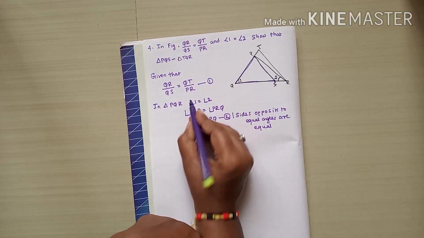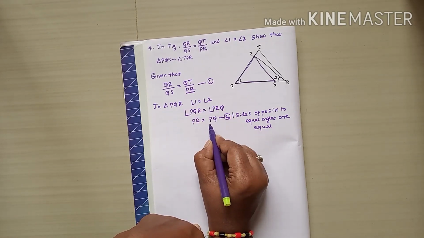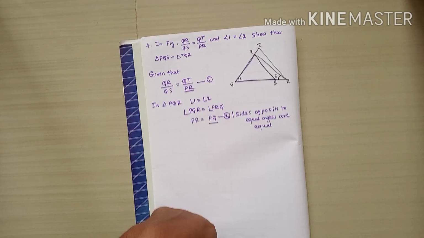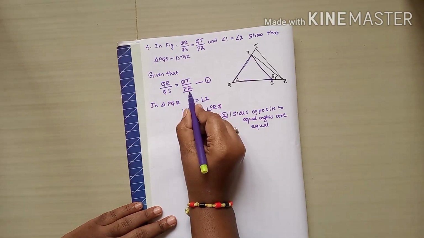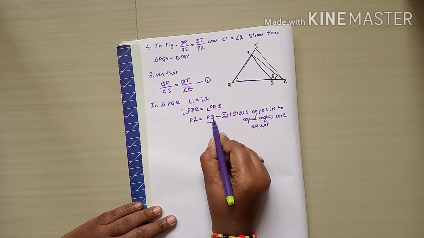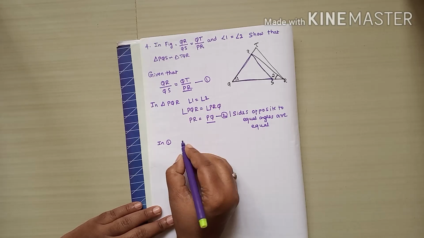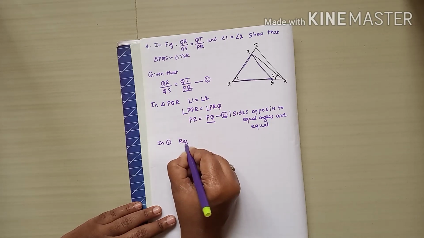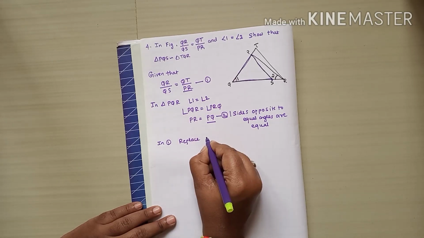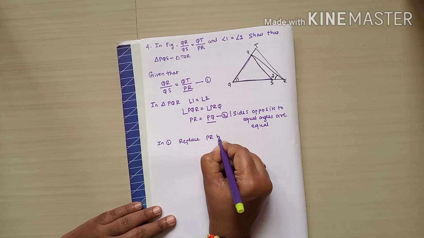Now you observe, this one you take as equation 1, this one you take as equation 2. Substitute. Now you see, in place of PR we have to replace PQ. In equation 1, replace PR by PQ.